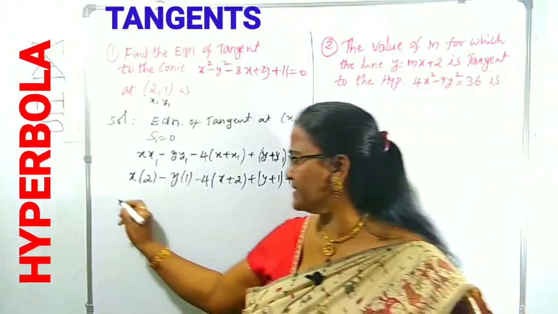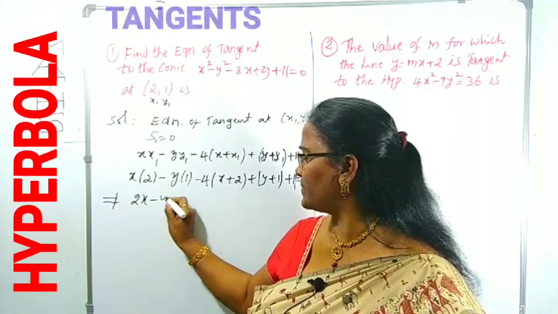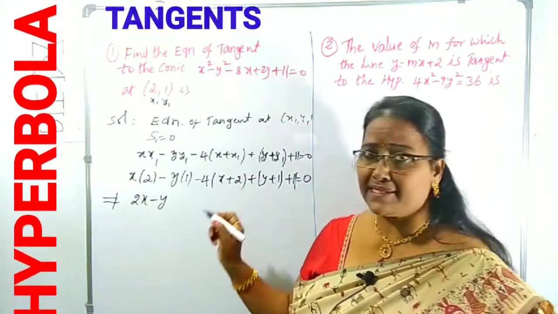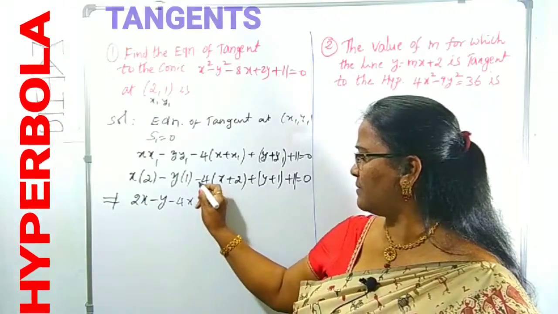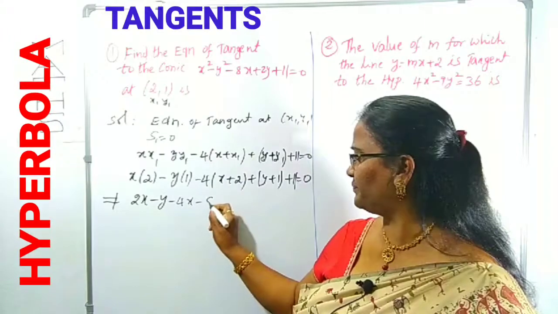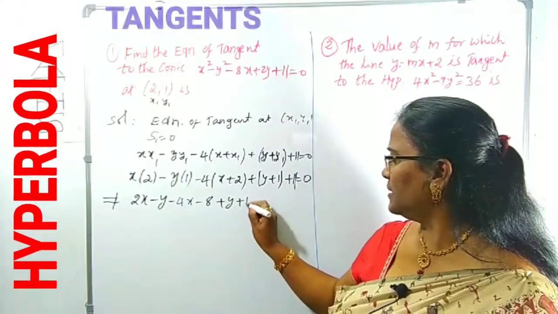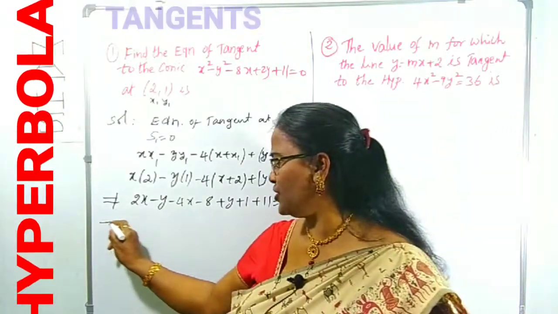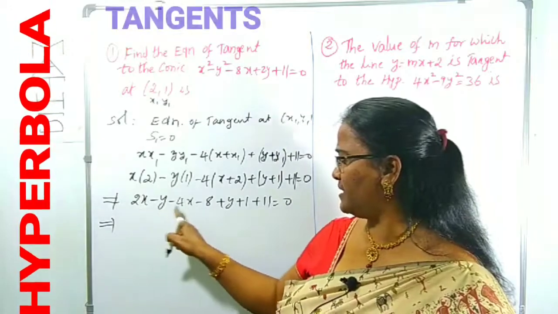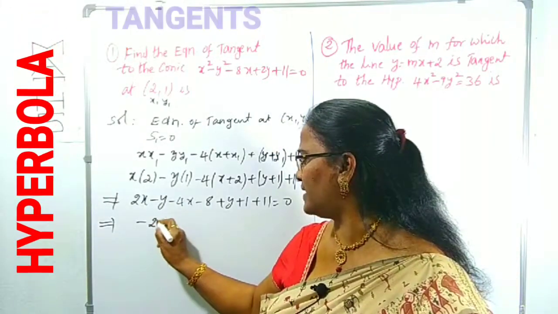Now we can simplify. This is x into 2, 2x minus y. Expand this: minus 4 of (x plus 2) is minus 4x minus 8, right? Then y plus 1 plus 11 equals 0. Now we can make the simplification. What are the x terms? 2x here minus 4x. 2x minus 4x is simply minus 2x, right?